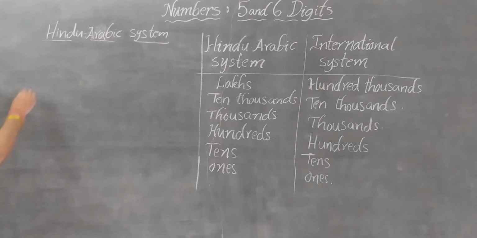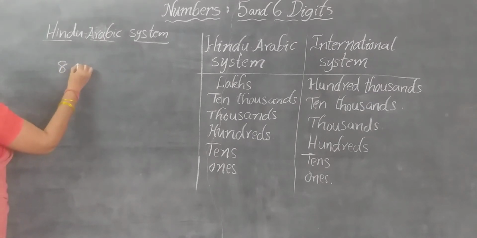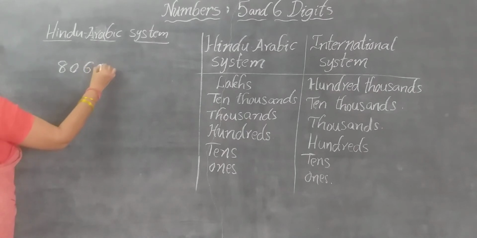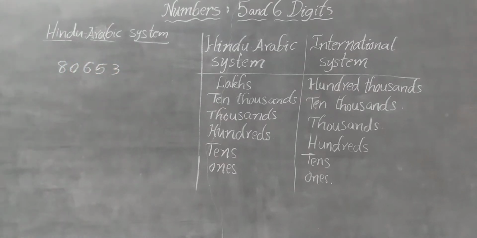Now I will write a number here. Try to say. How many digits are there? 5. First, check the place values. Ones place, tens place, hundreds place, thousands place, 10,000s place.